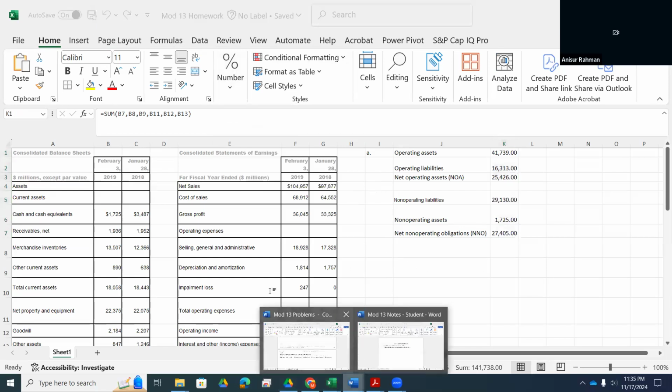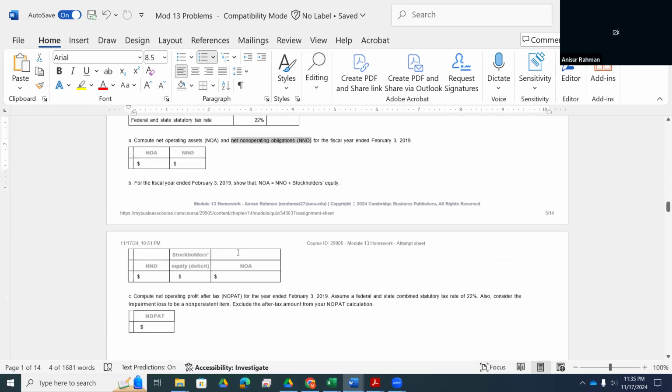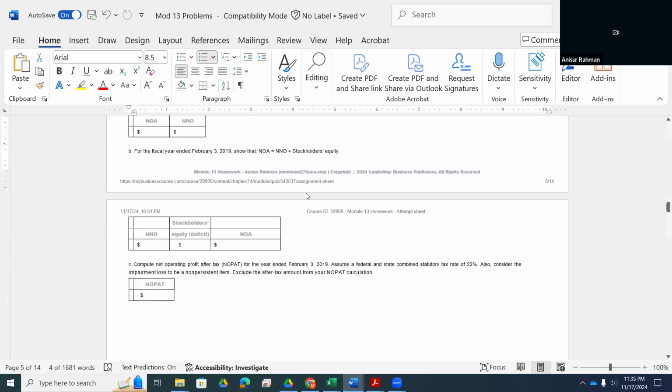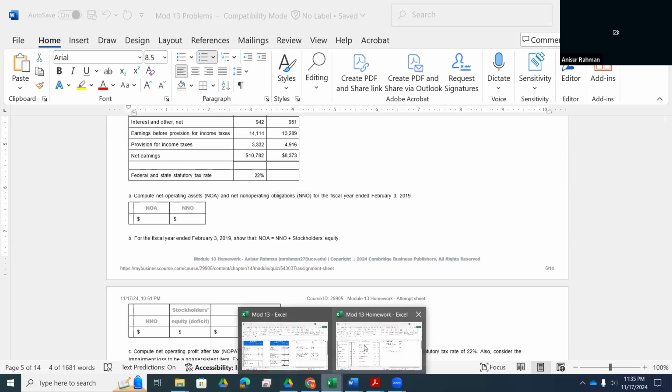Now question B is asking us, for the fiscal year ended February 3, 2019, to show that net operating assets, which we already calculated, is equal to NNO, which we also calculated, plus stockholders' equity. So let's see if that is what it is.